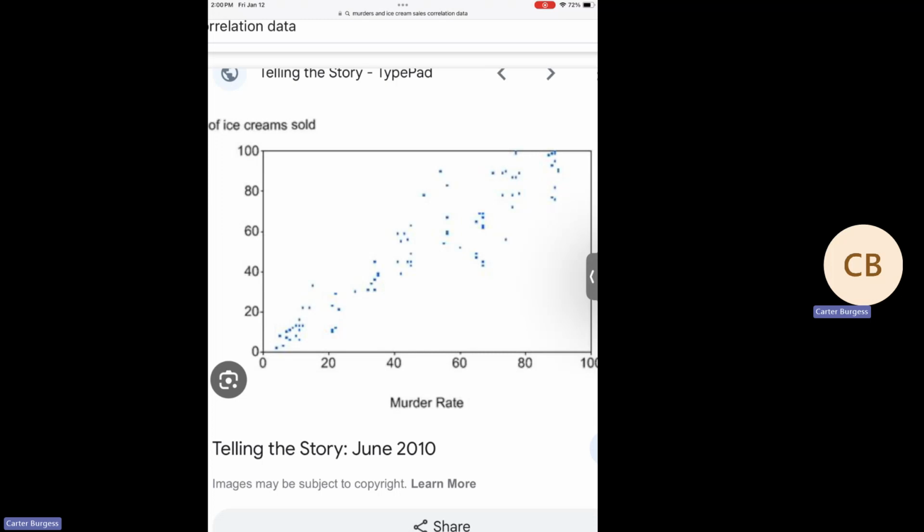We also get high heat that maybe causes increases in aggression and irritability. And so what we find very quickly with a little bit of investigation is, no, it's probably not that people being murdered is making people go out and buy more ice cream. What is a lot more likely is that it's summer that is causing people to buy more ice cream, and then maybe some aspect of summer is causing the murder rates to also go up at the same time.